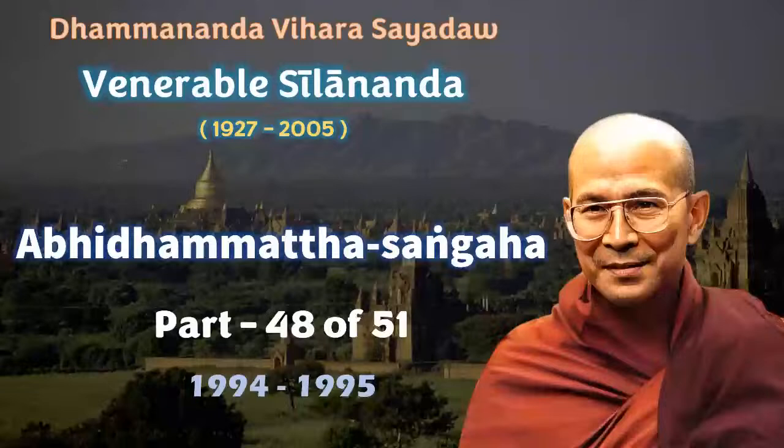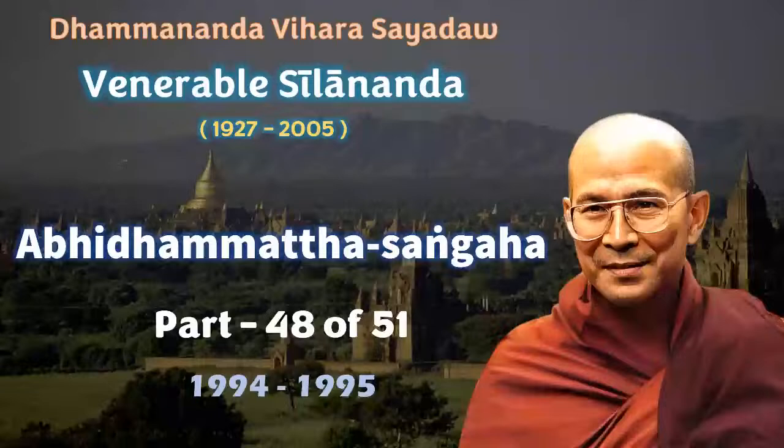Nibbana does not bend to other objects, because nibbana does not take an object, it is object. So, when we call nibbana nama, we are using the second definition, that which causes cetas and cetasikas to bend towards itself. Now, nibbana causes faultless states to bend onto itself.